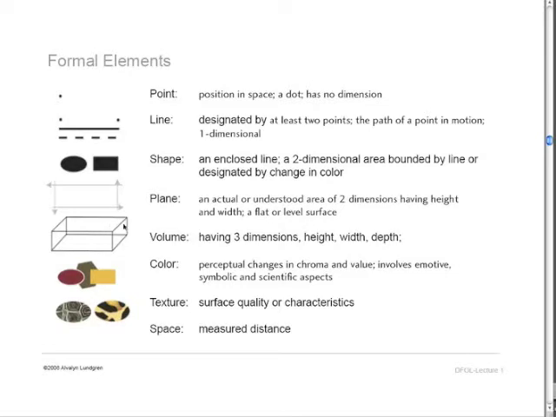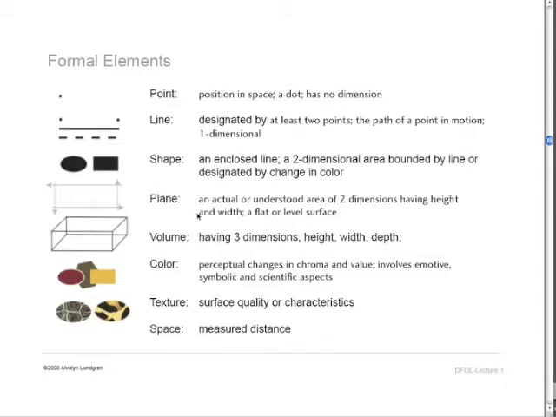And then we have the back plane, which parallels the front plane. And then we have the top plane, which is also a parallelogram sort of in this drawing. And then the bottom plane, which is also a parallelogram. So with, let's see, 1, 2, 3, 4, 5, 6, 7 shapes, we have created the illusion of a three-dimensional form in a two-dimensional space. So volume two-dimensionally is an illusion.